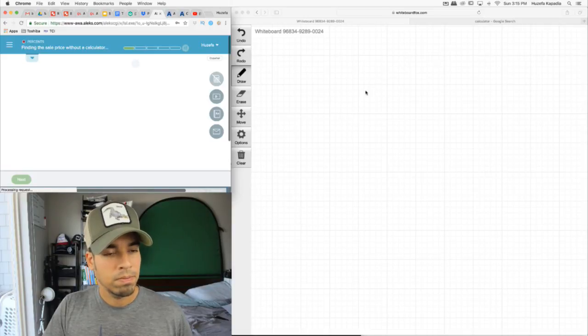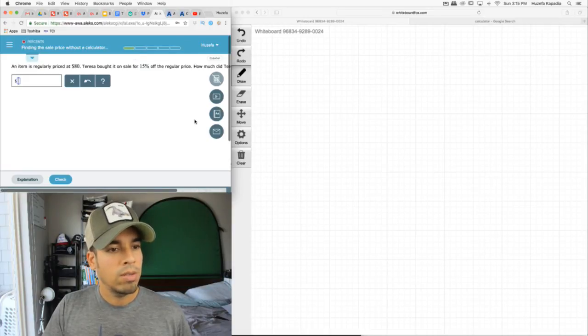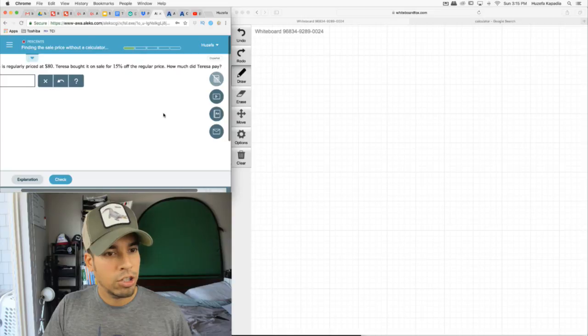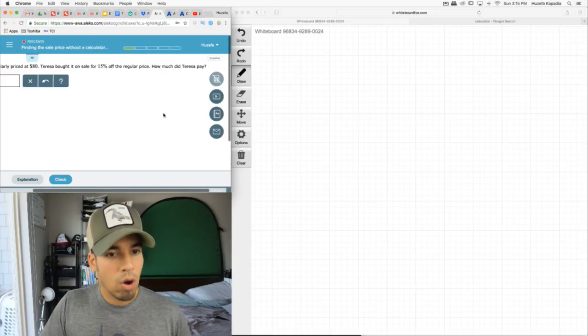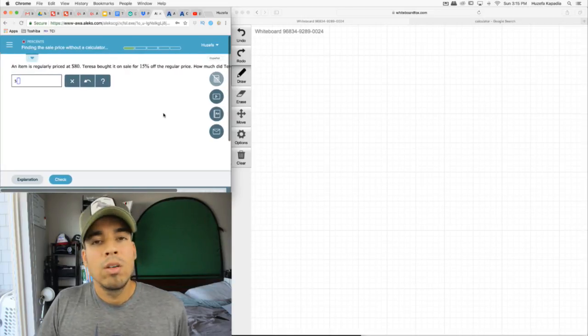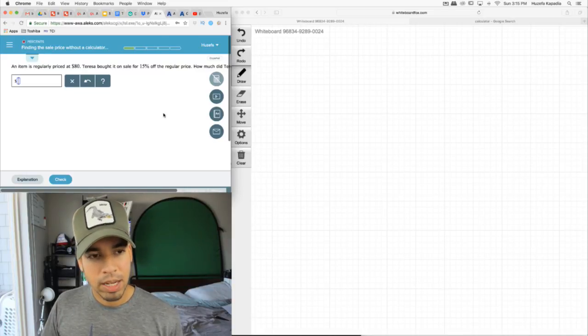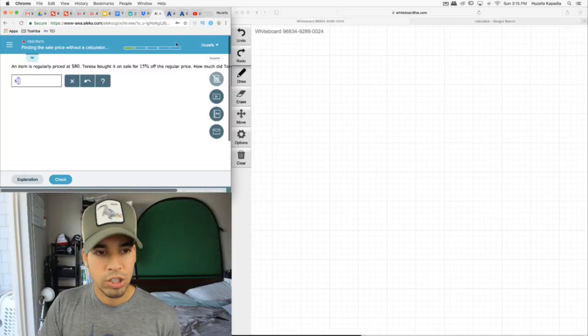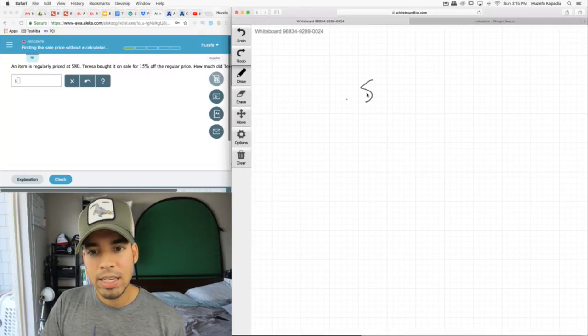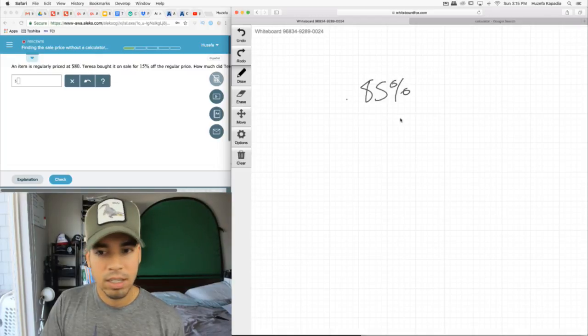Next, an item regularly priced at $80, and then she bought it on sale for 15% off the regular price. What you can do in this case is find 15% of 80 and then subtract that from 80. I'm a fan of doing something else, which is, well, I know I'm taking 15% off, which means the new price is going to be 85% of $80.